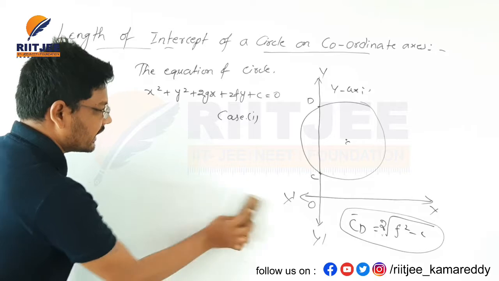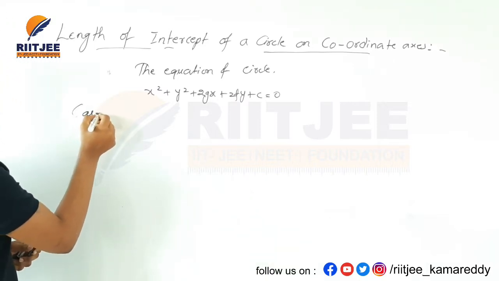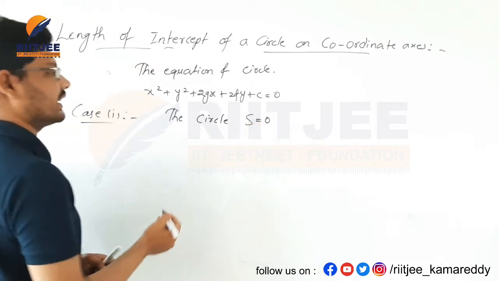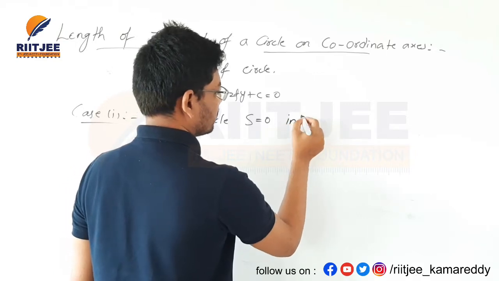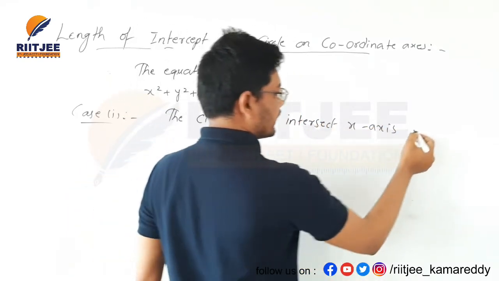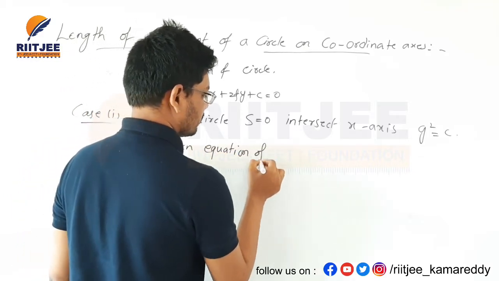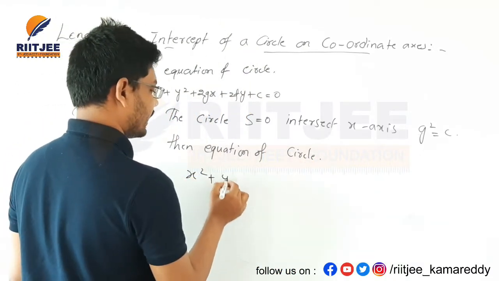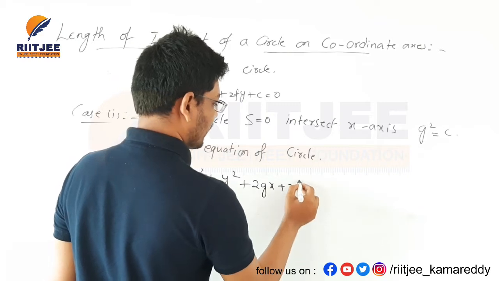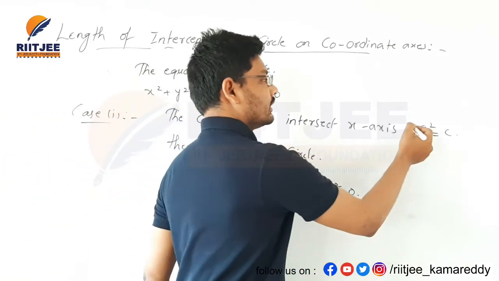Now on this we have three cases here. Case 1 is nothing but the circle S is equal to 0 and it touches the x-axis, so g square is equal to c.